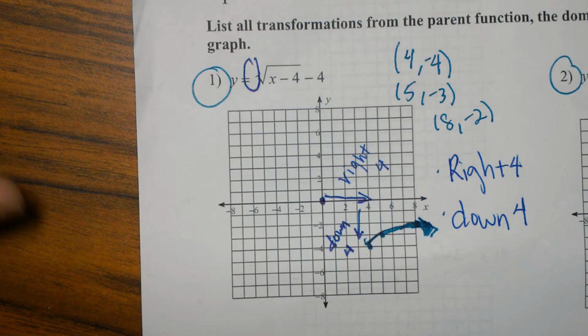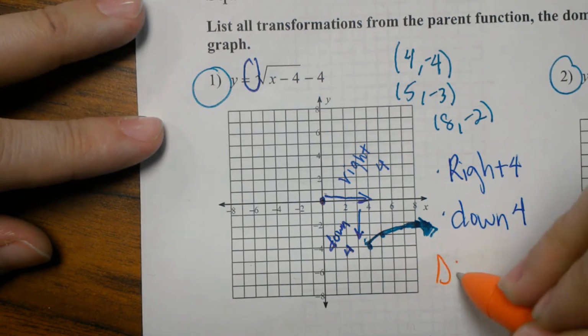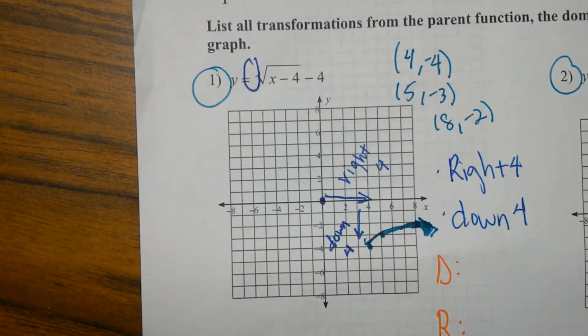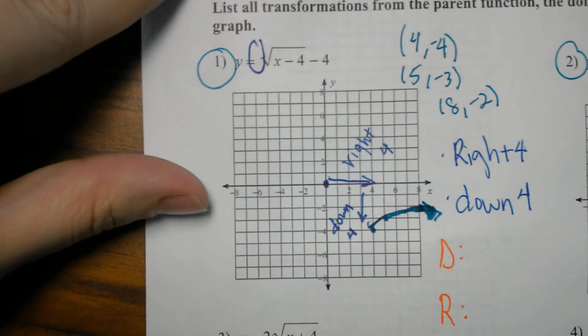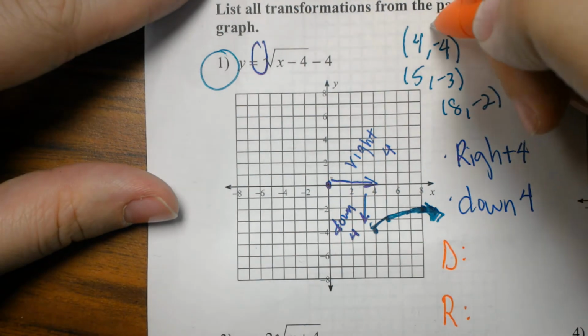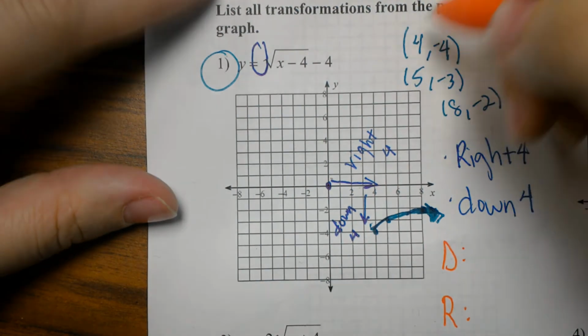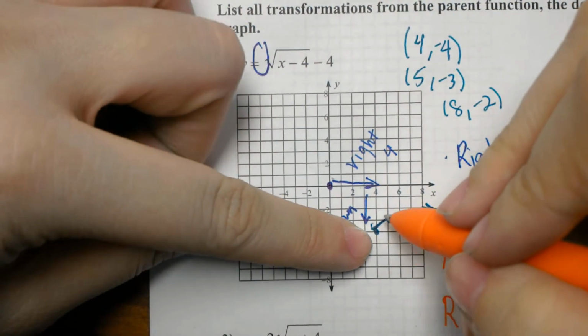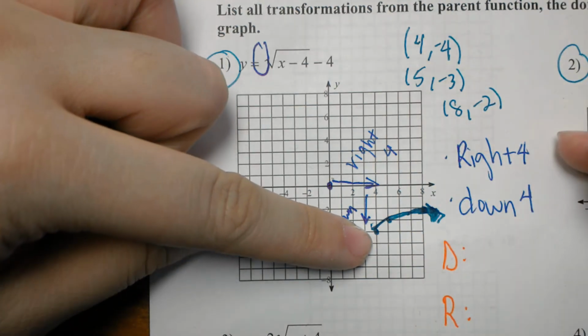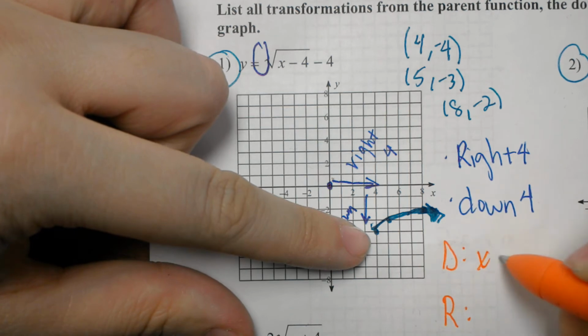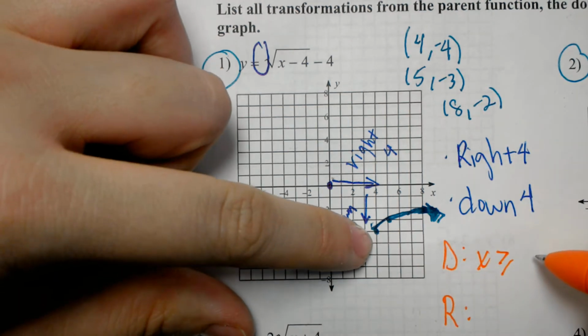And then for my domain and range, it all relates back to that first point. So x started at 4, then it went to 5, then it went to 8, and so forth, and all the little numbers in between. So x is greater than or equal to 4.